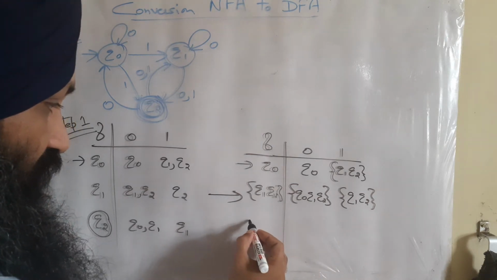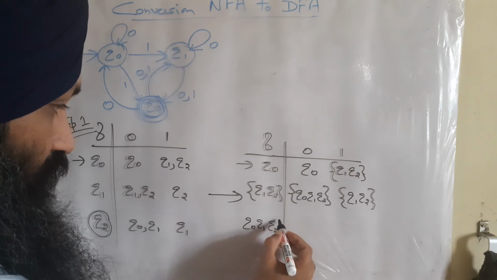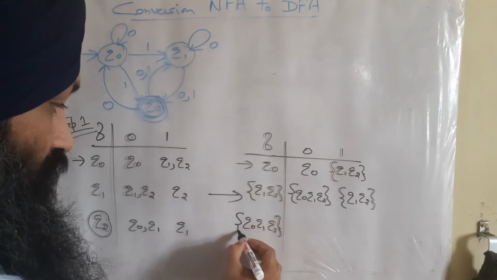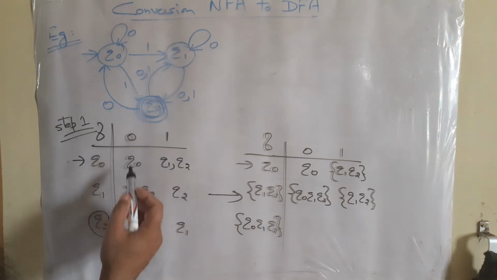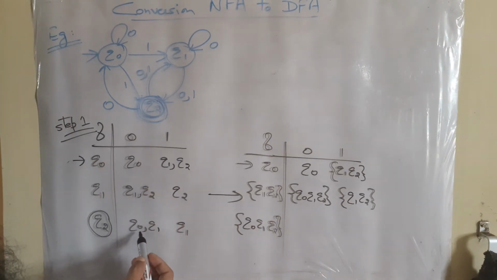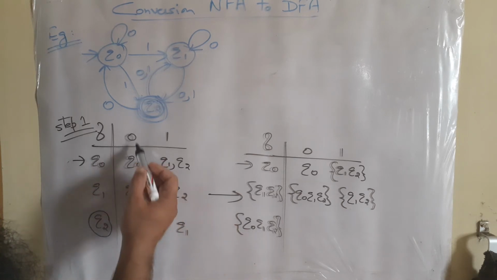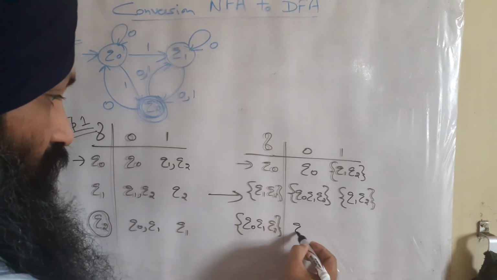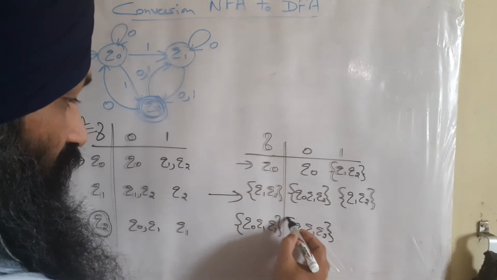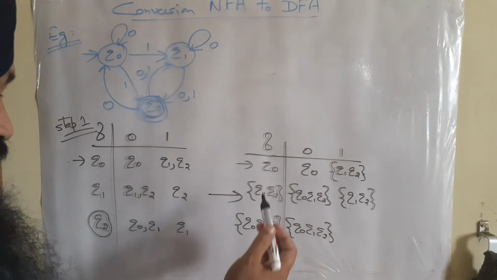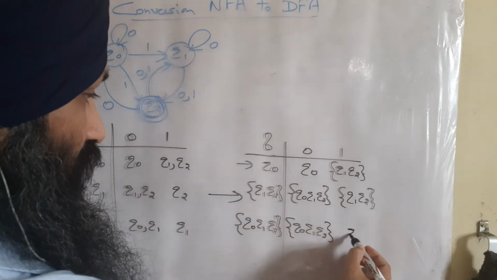Now the new state here is Q0 Q1 Q2. You can observe with respect to 0 we are getting Q0 Q1, and with respect to 1 we are getting Q1 Q2.